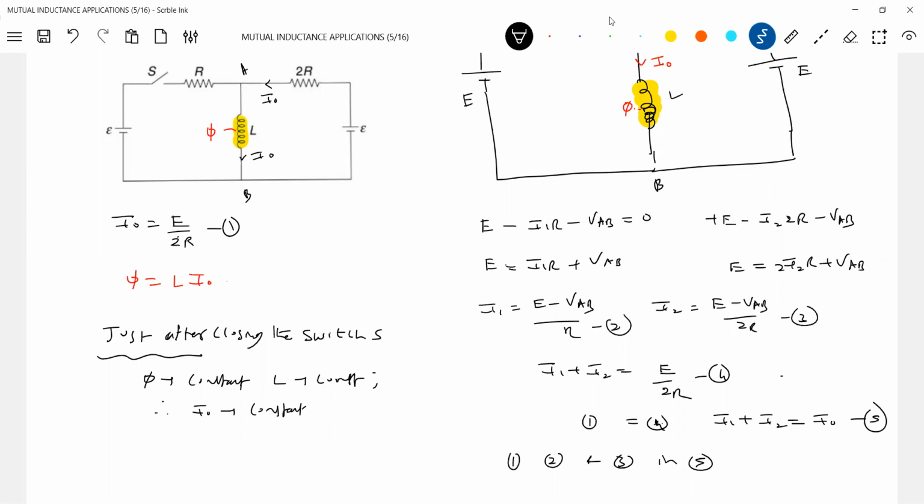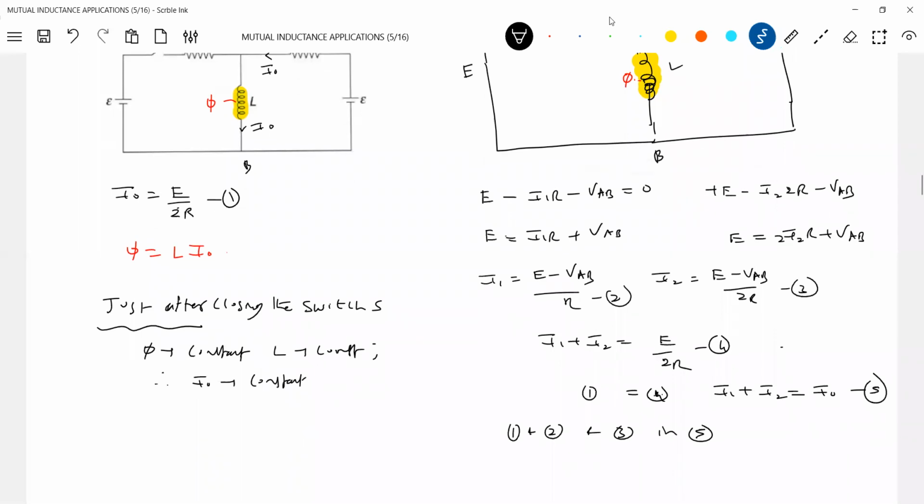Put 1, 2, 3 in 5. Substituting all this, what is I1? I1 is E minus VAB by R, and I2 is E minus VAB by 2R.